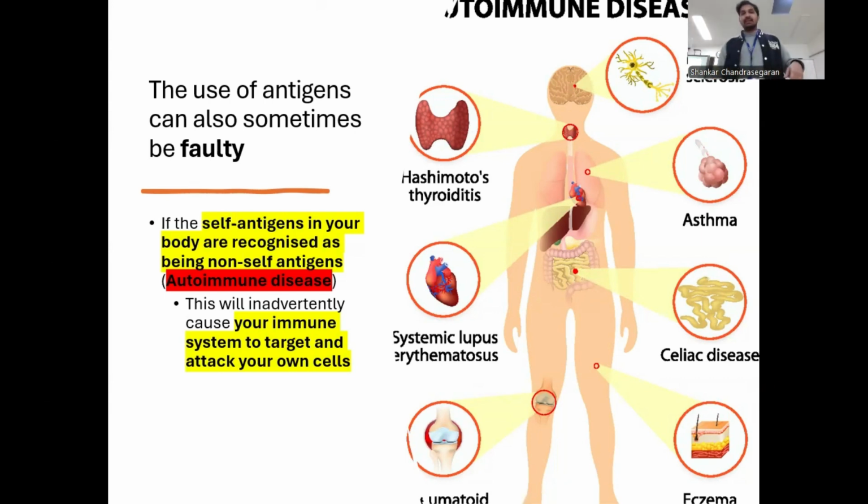This is basically a situation where, for some reason, the immune cells in your body will start to recognize the antigens present on your own cells as being foreign, and will start to attack them and destroy them. And these can cause a lot of different types of diseases that you guys have probably seen or heard of, like eczema. If you've noticed eczema, it looks like your body is peeling off its own skin, right?